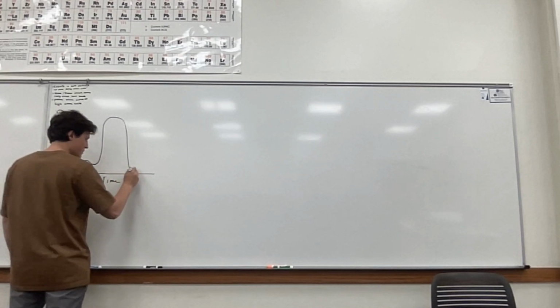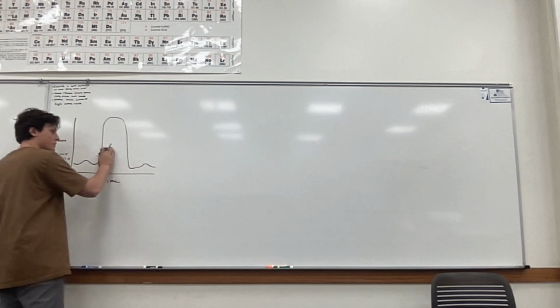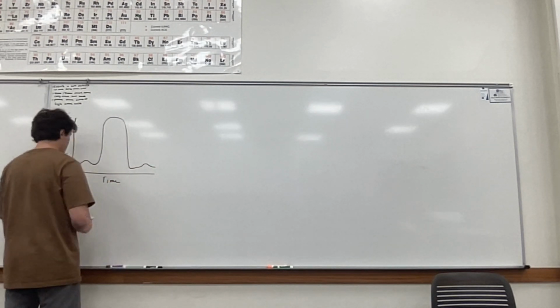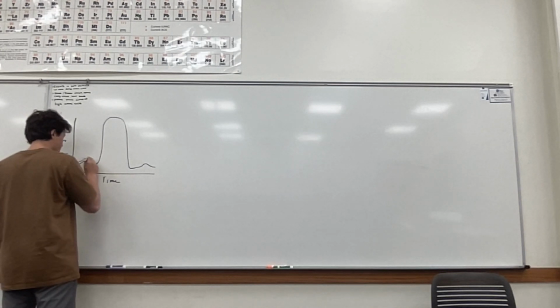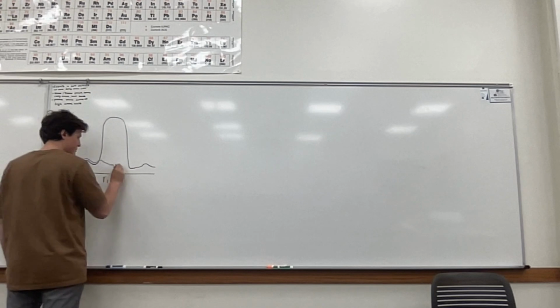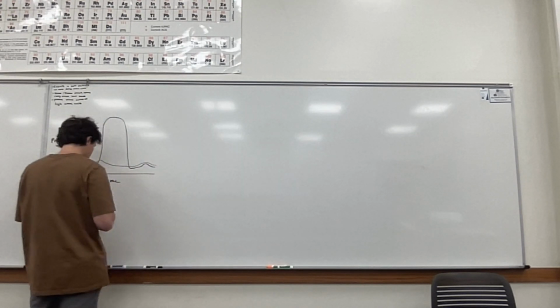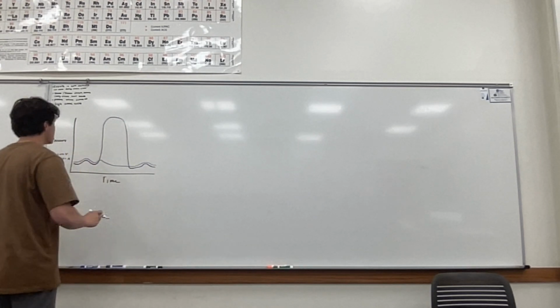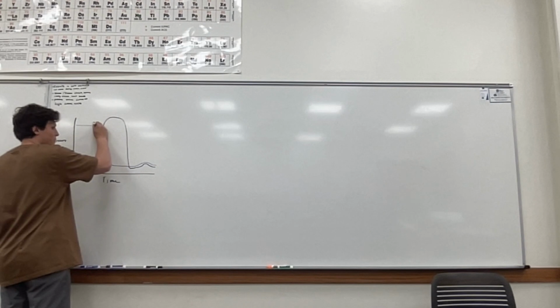Go back to normal, and that'll be the beginning of another one of these. For atrium, have a little bit more pressure. But we're not going to have a pressure spike like with our ventricle. For our atrium, we're going to stay kind of up here.